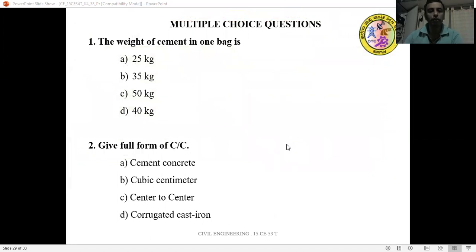Then come to the multiple choice questions. The weight of cement in one bag is. Second question. Give the full form of C/C.